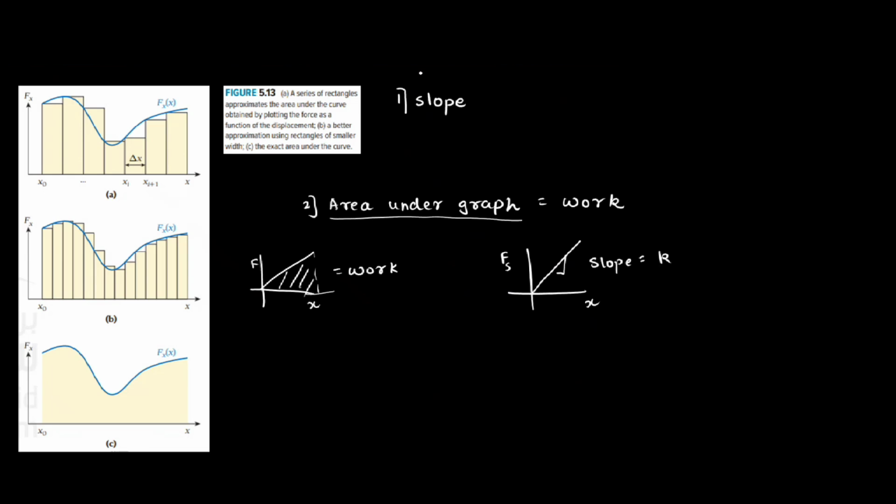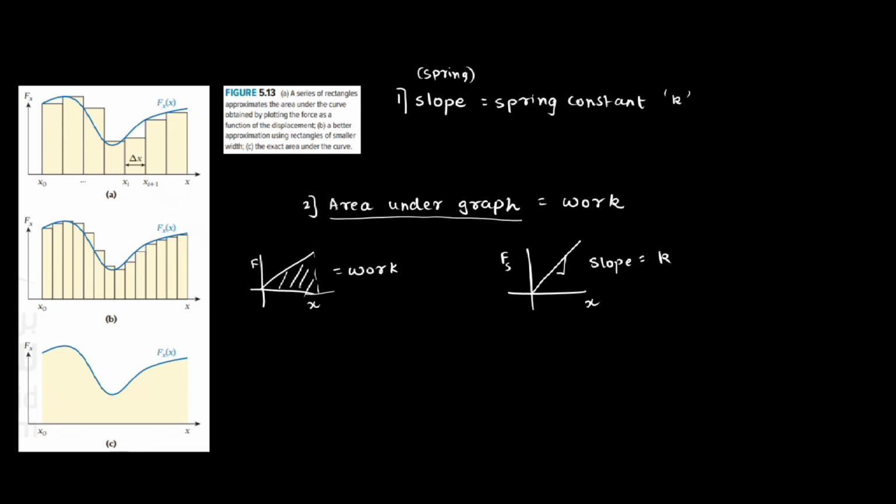So if this was specifically for spring force, the slope of the graph will give me the value of the spring constant, which is k. And depending on what the question is asking you, you can either use the slope or the area under the graph to find the quantity they asked.